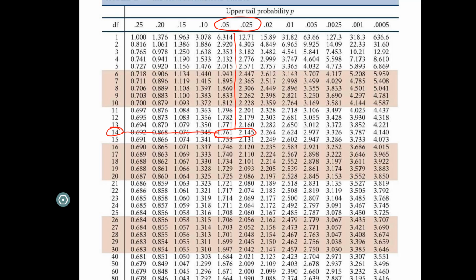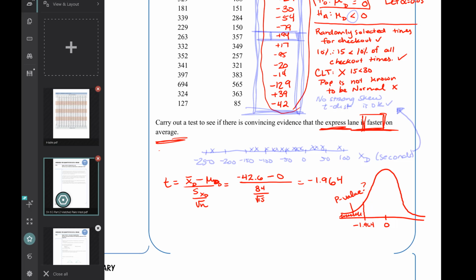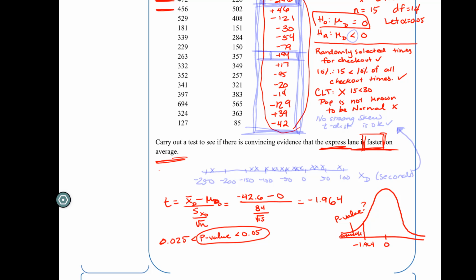So if I write this out back in my notes here, we can say that our p-value is going to be bigger than 0.025, but less than 0.05. And this is really all we care about: the fact that the p-value is less than 0.05, because what was our alpha?